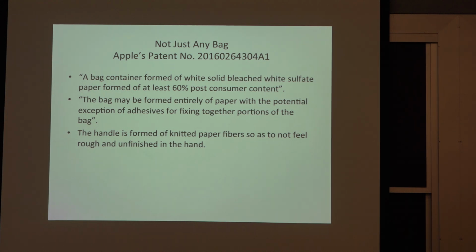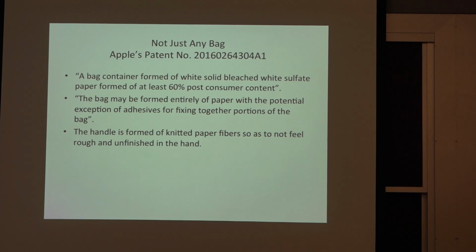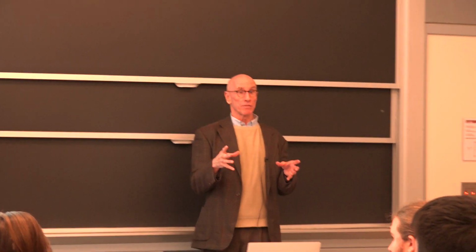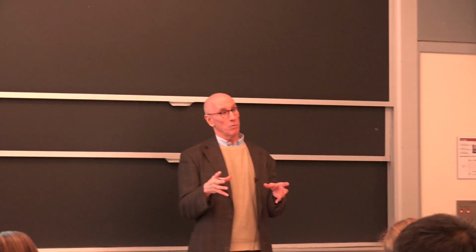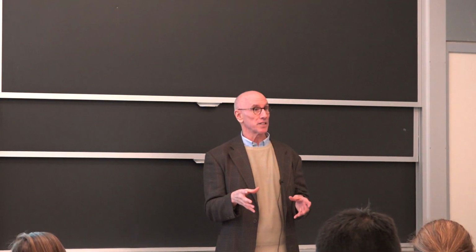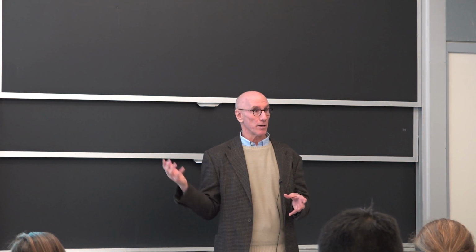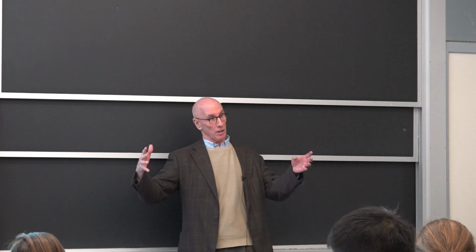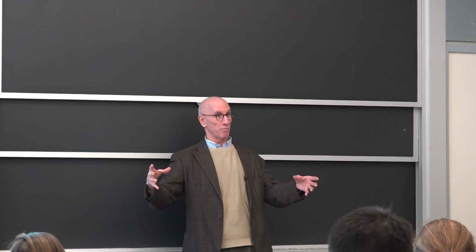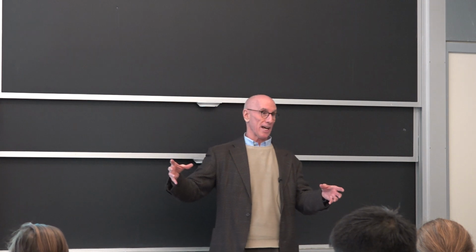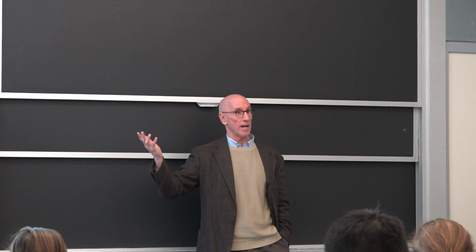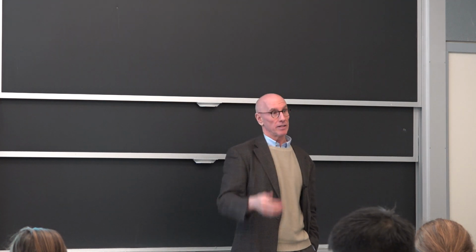I think when the law firm that wrote this for them wrote it, they wanted to be as conservative as possible, because of course if it was less than 60%, then the patent would not apply. But to encompass as large a universe of products as possible, to protect Apple's investment, they said 60%. Maybe at the time they had the ability to do 80 or 90%. Now apparently they can do 100%.